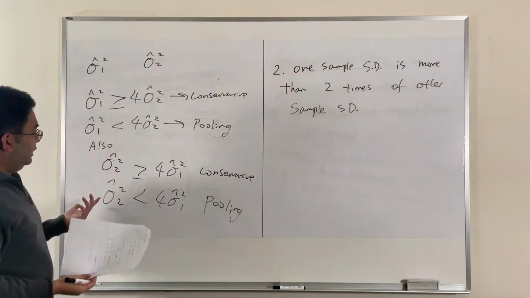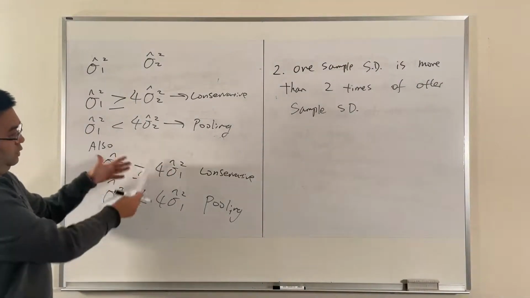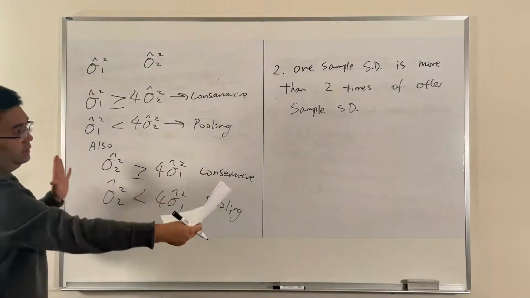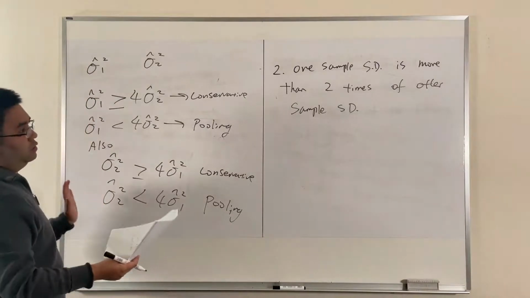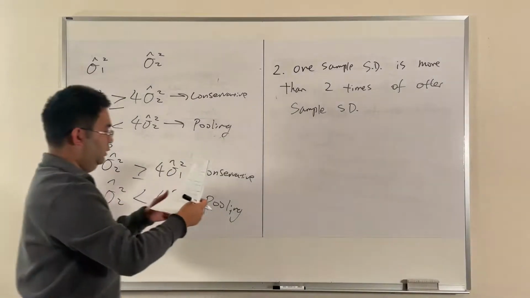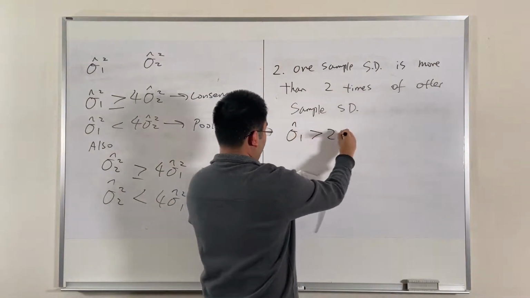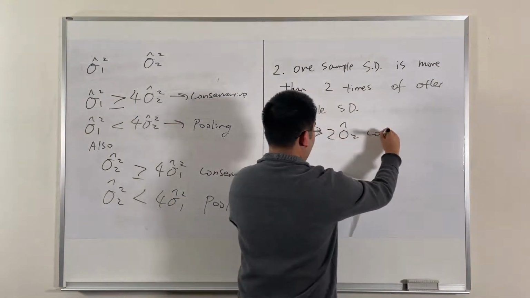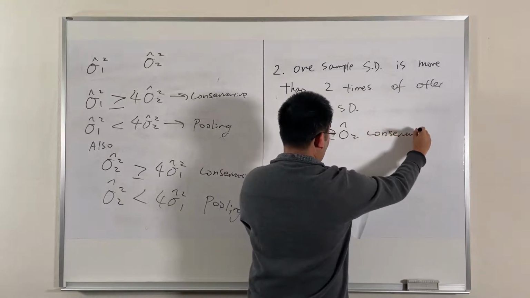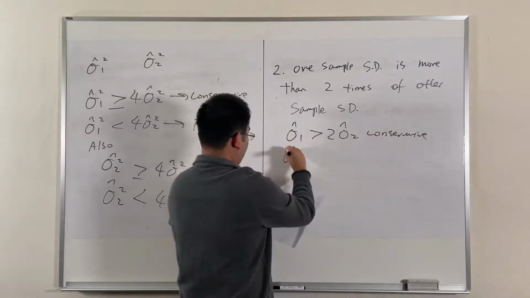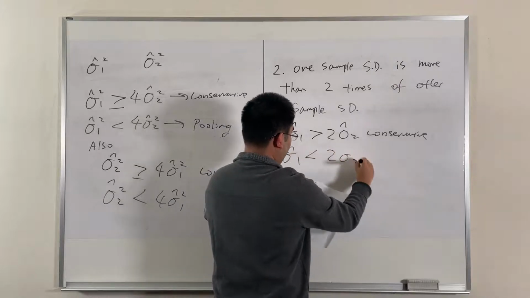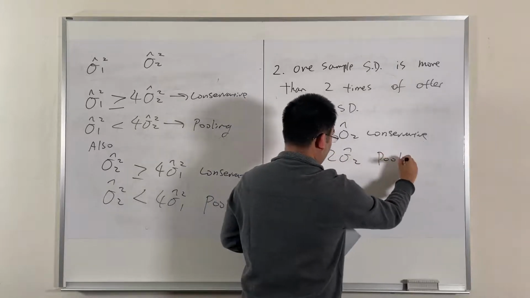So basically, you just take the square root of both sides, so these two are exactly the same. Usually, you only need to check one of them. If sigma 1 hat is greater than 2 sigma 2 hat, you will use the conservative; with sigma 1 hat less than 2 sigma 2 hat, you're going to use pooling.